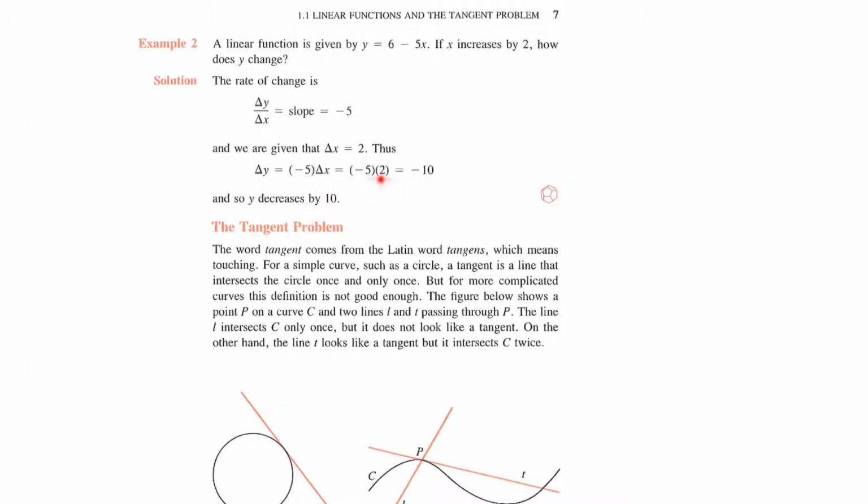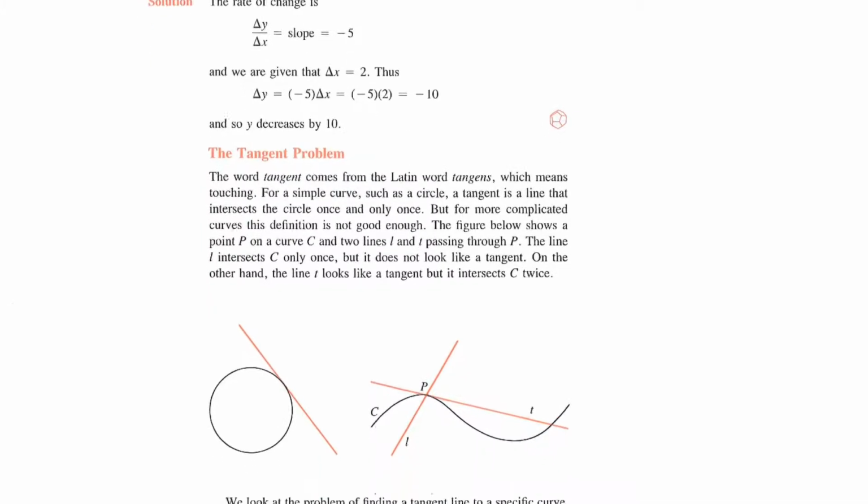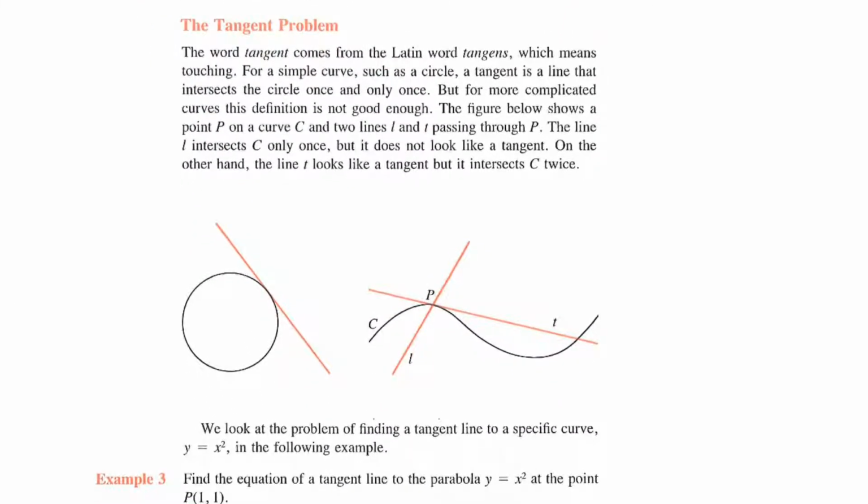That means delta y is minus 5 times 2, minus 10. Therefore, if x increases by 2, y decreases by 10. So far, we talked a little bit about rate of change, and we saw the rate of change of a linear function is the slope of the function.